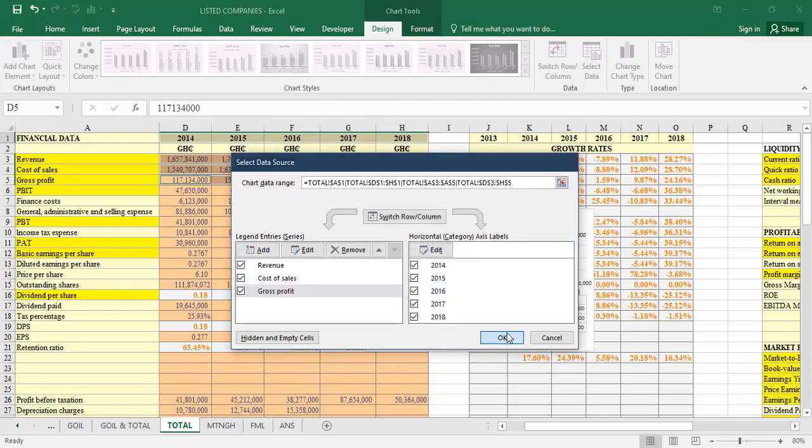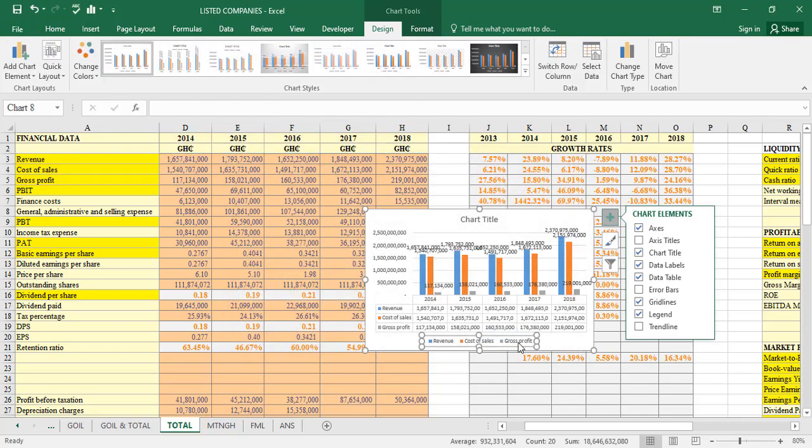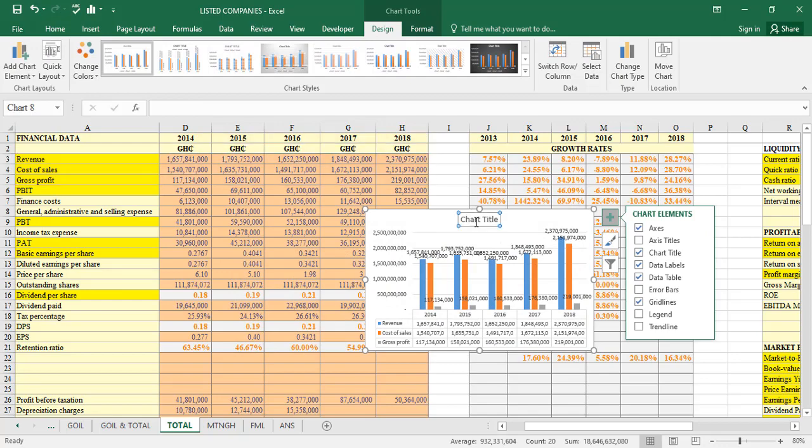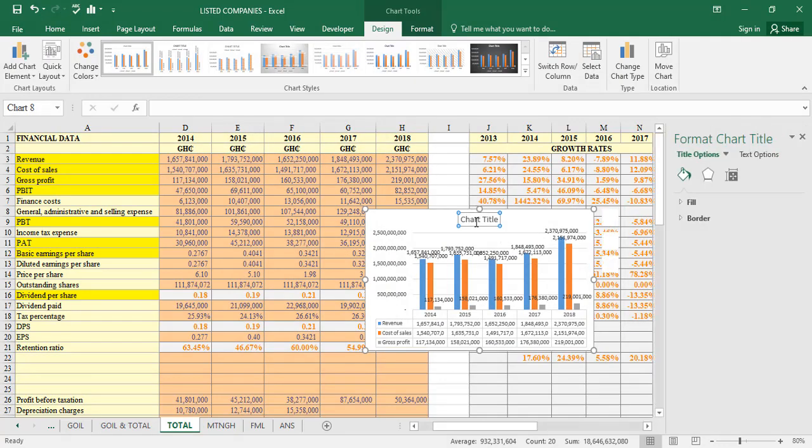Good, so there we have it. Then rename it as trend of revenue in Ghana cedis.